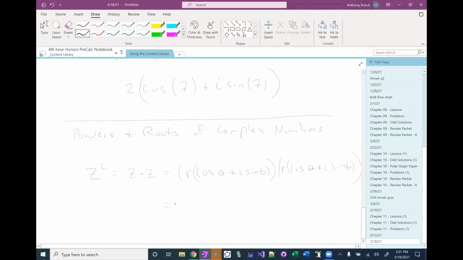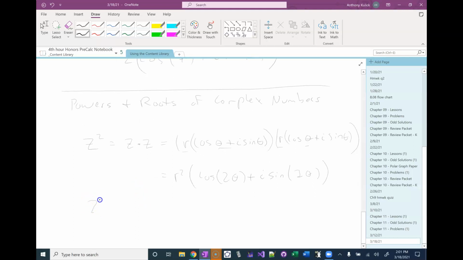If I apply my formula, I'm going to get r times r, and then cosine of theta plus theta, and then I sine of theta plus theta, or 2 theta. Everybody okay there?